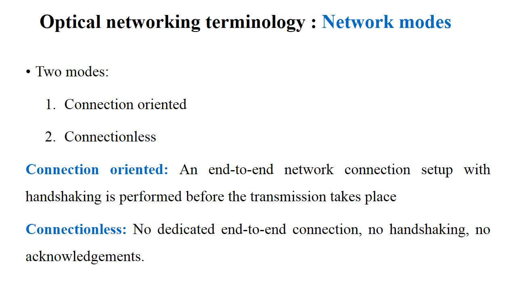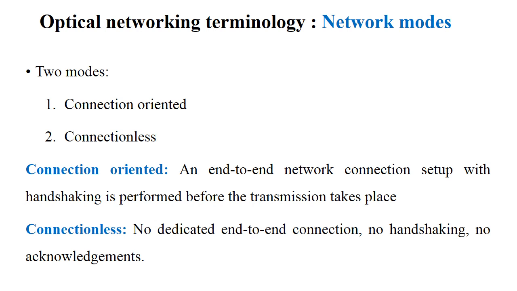Now let us take the first one, the connection oriented. In case of connection oriented service, a dedicated path is established from source to the destination. It involves three different steps. In the first step, the path from source to the destination is identified and the handshaking signal is exchanged between source and the destination.